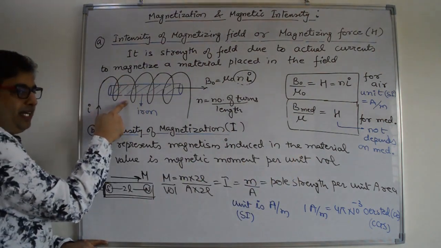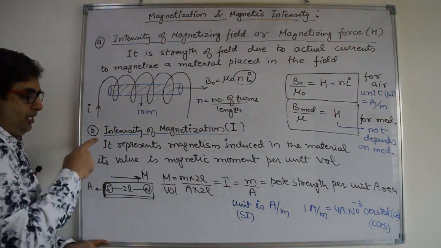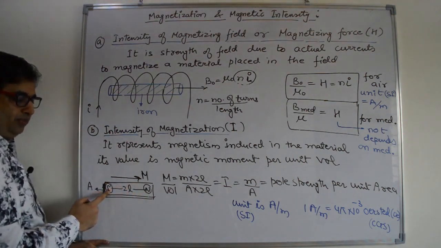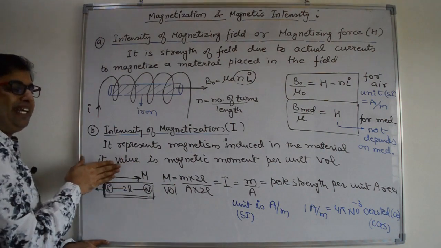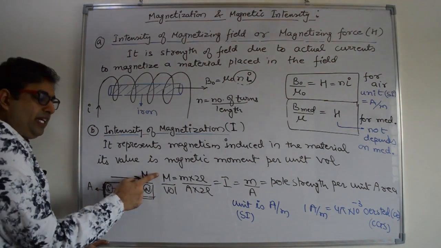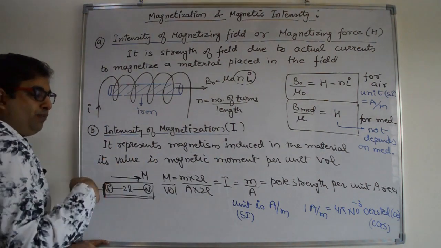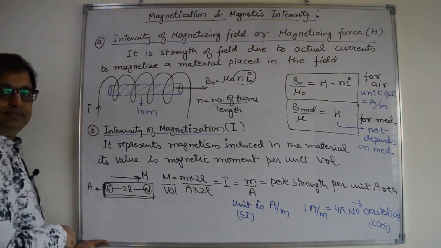So this iron bar is now magnetized. It will work as a magnet, with a north pole and a south pole, and because it is a magnet now, it will have some magnetic moment also. Magnetic moment divided by volume is intensity of magnetization. The more the magnetic moment, the stronger the magnet, right?